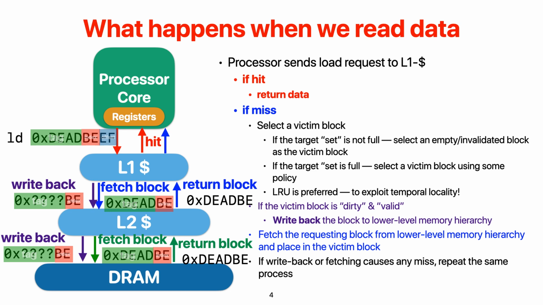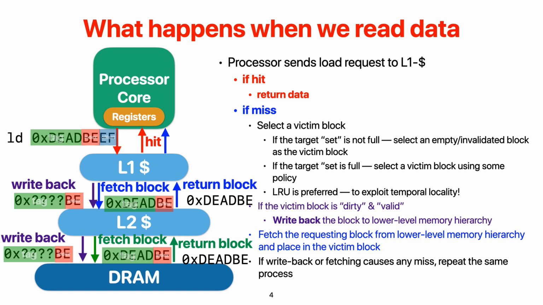We use the index to identify the set of blocks that may contain your data or instruction, and use the tag to identify whether any block within the set fulfills the criteria that we are looking for. And the offset gives us the right word, right byte, or right double word to output to your processor.